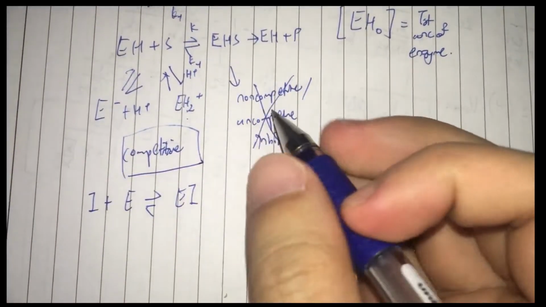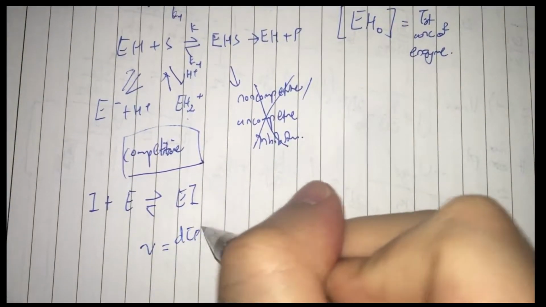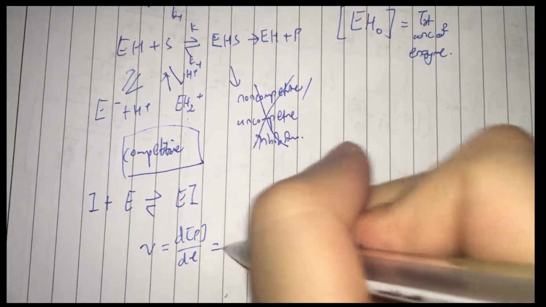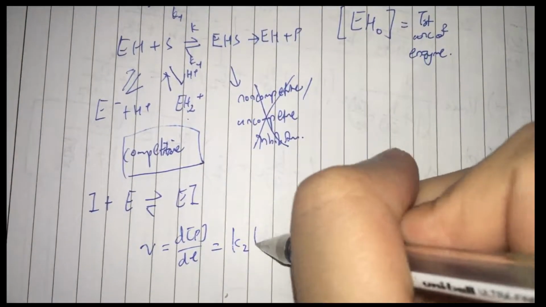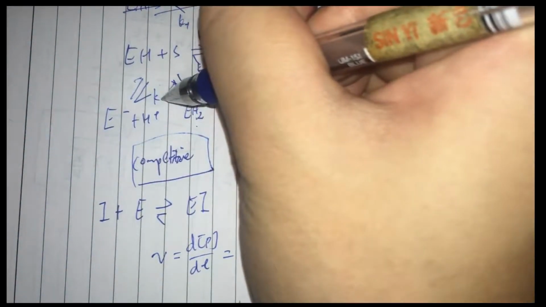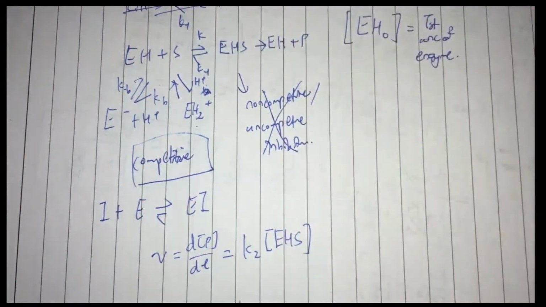So let's carry on. You'll have a few equations, the usual mass balance equations. So you have K2 into EHS. This forward reaction we'll call Kb, and this forward reaction we'll call Ka.